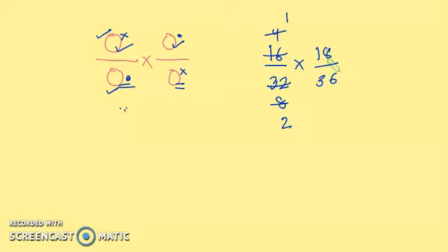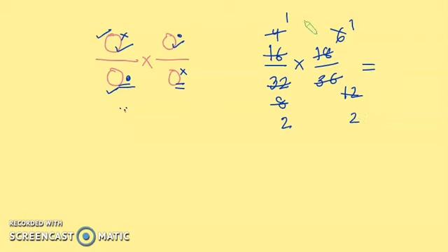Similarly, you can cancel 18 and 36. You can cancel it with 3. So 18 divided by 3 gives you 6. 36 divided by 3 gives you 12. And then 6 and 12 you can cancel out. 6 divided by 6 gives you 1. 12 divided by 6 gives you 2.